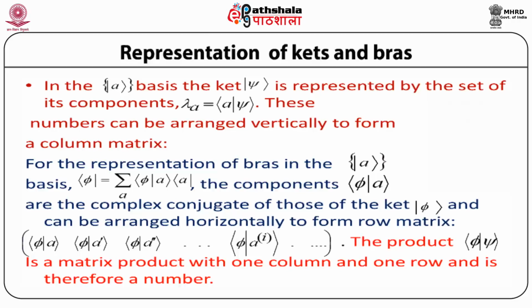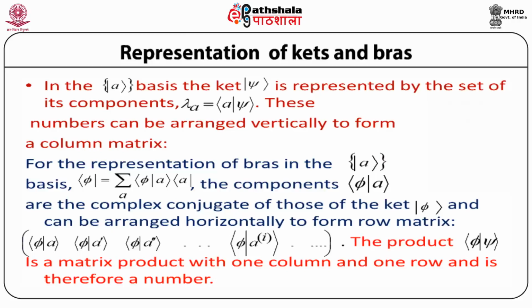Similarly, for the representation of the bras in the |A⟩ basis, we can write ⟨φ| = Σ_A ⟨φ|A⟩⟨A|, and the components ⟨φ|A⟩ are the complex conjugate of those of the ket |φ⟩ and can be arranged horizontally to form the row matrix, which is given as ⟨φ|A⟩, ⟨φ|A'⟩, ⟨φ|A''⟩, and so on.